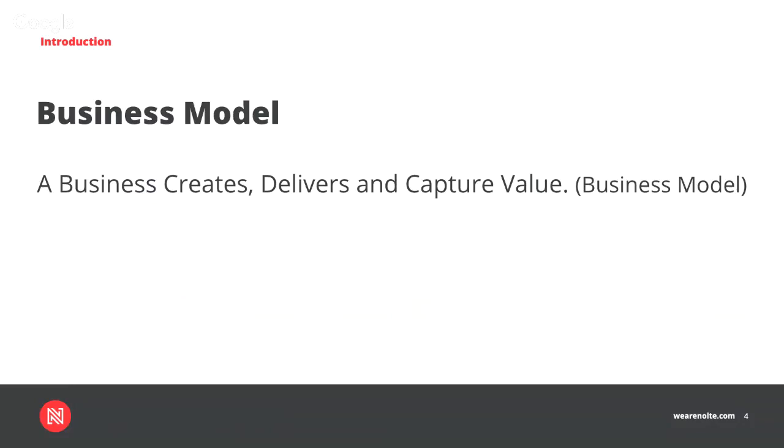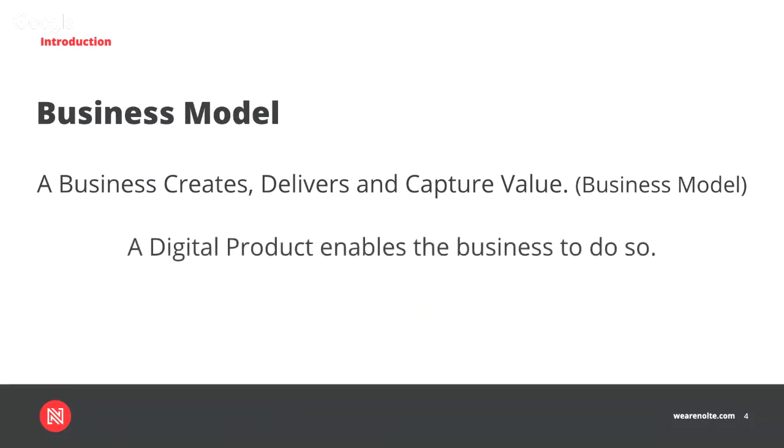So every business has these three elements, and we are going to see some real life examples. But the digital product enables the business to do so. So the relationship between the business and the digital product has to be purpose that is the delivering of value.